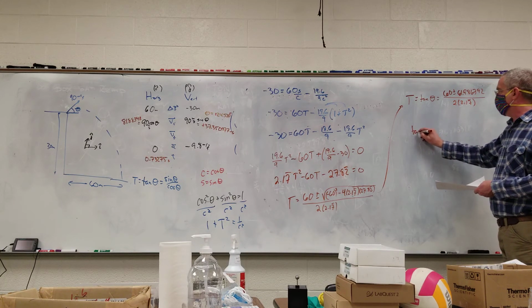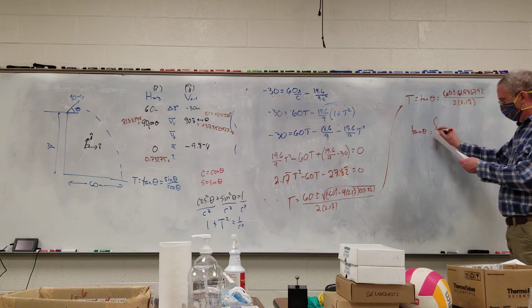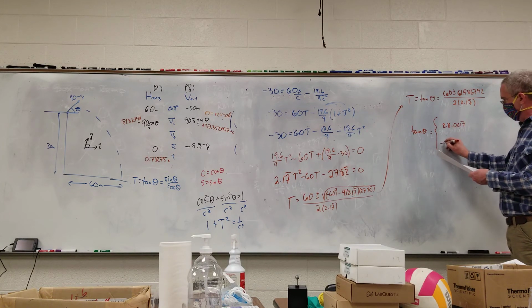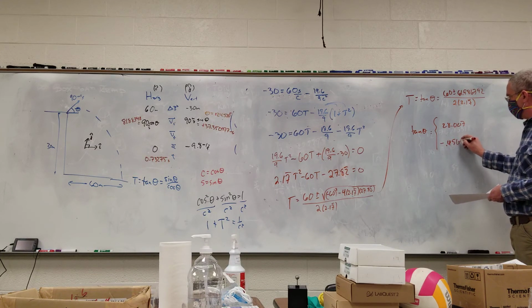So the tangent of theta, we have two answers here: 28.007 or negative 0.45615.